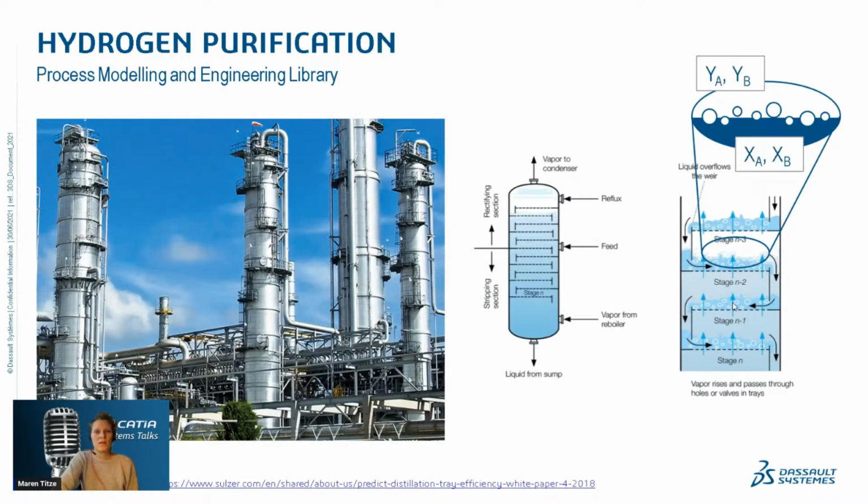And the point about distillation is that the component concentration in both of the phases are different. So we have a separation in this equilibrium. And if we do this again and again, what we do in a distillation column, because we have many stages, we will have a very pure separation of the components.